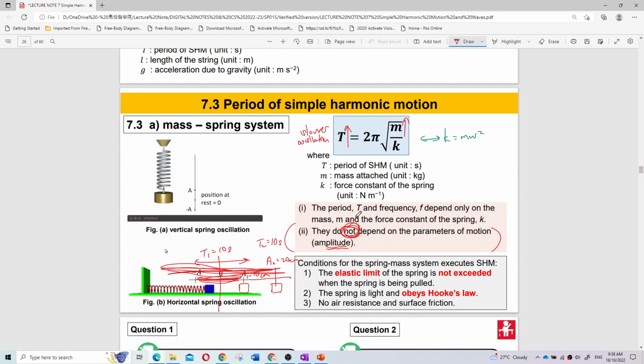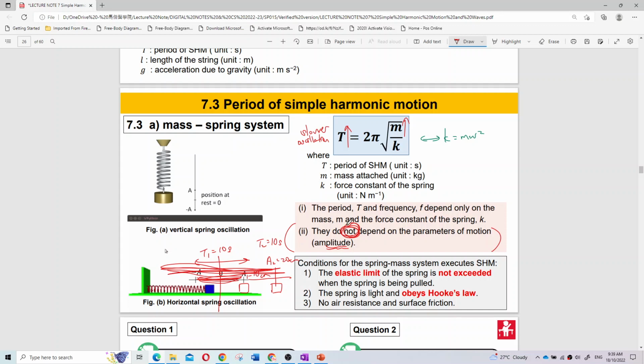So it does not depend on amplitude. If you oscillate with an amplitude of 10 cm, the period is 10 seconds. If you make it oscillate with 20 cm amplitude, it's still 10 seconds. It's just that over a longer distance, it tries to oscillate faster, but the period ends up the same, 10 seconds.